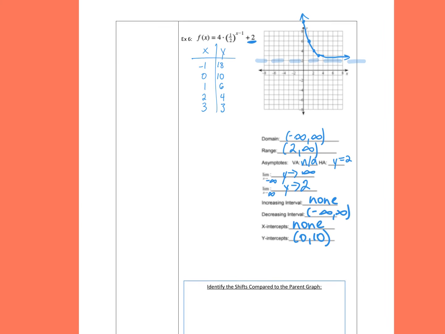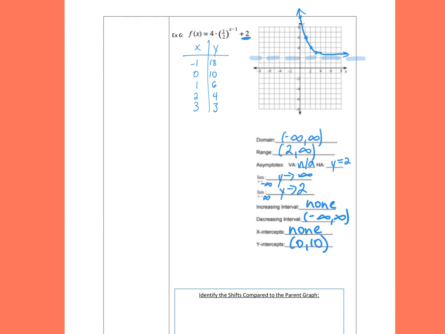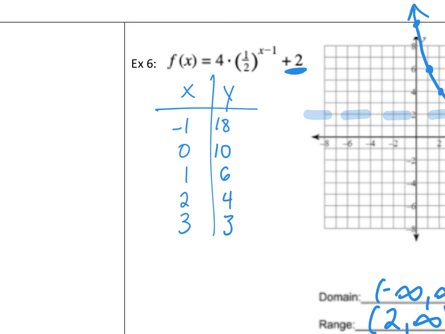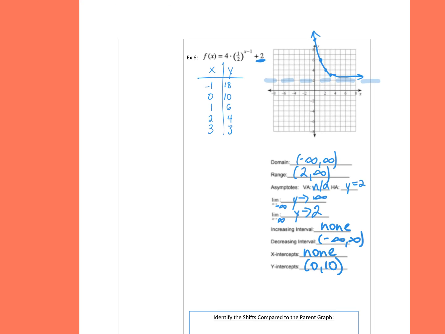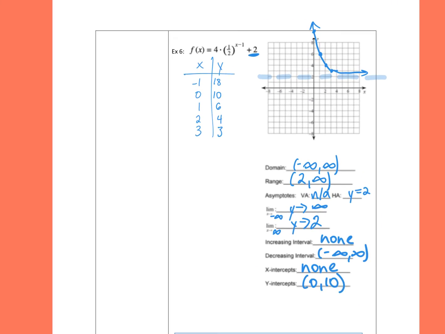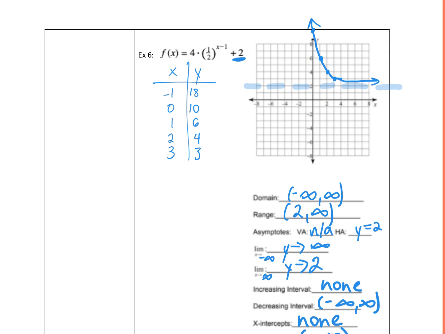Then it says identify the shifts compared to the parent graph. This one actually has all 3, the most that we could have. We start with the A value, which is 4, which tells us to stretch by 4. The 1/2 is just the base, so it's not telling me anything.